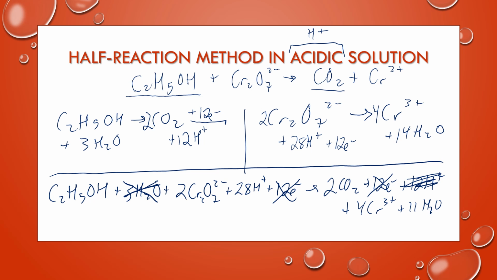So this goes down to 16. So my final reaction is the C2H5OH plus 2 dichromates plus 16 hydrogen ions yields 2 carbon dioxides plus 4 chromium ions plus 11 water molecules. And so that's how you balance it.